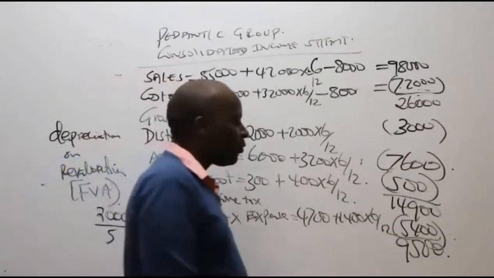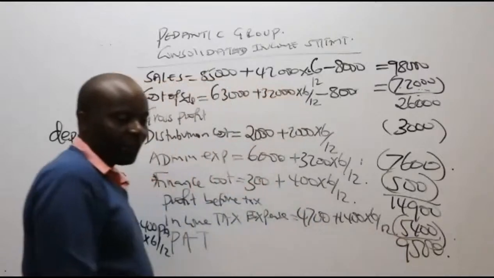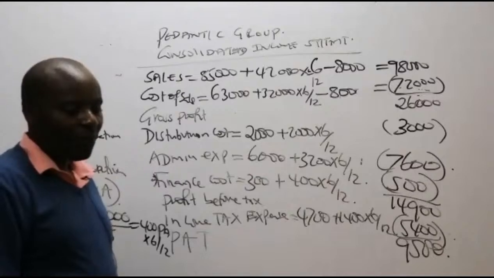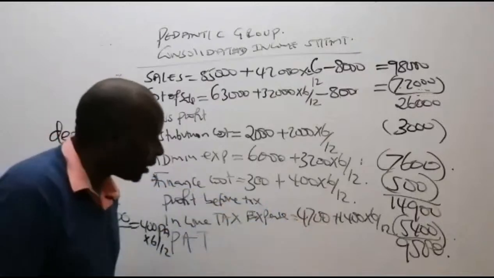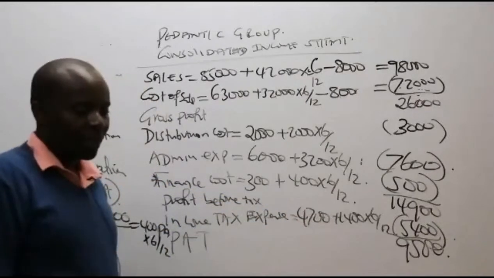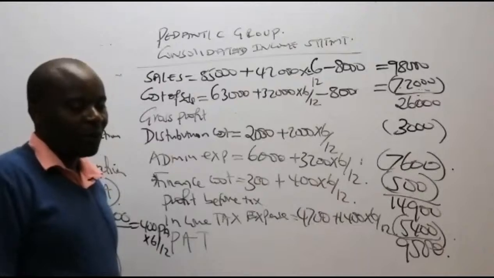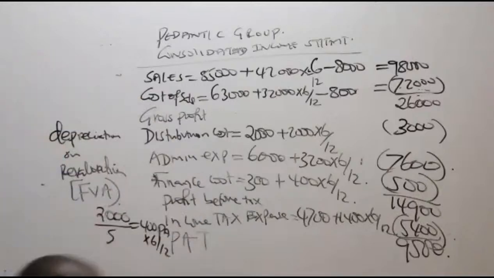Tax ni 4900 kweli? It is 4700 plus 700. Hiyo iko sawa. Ruben amekubali iko sawa.